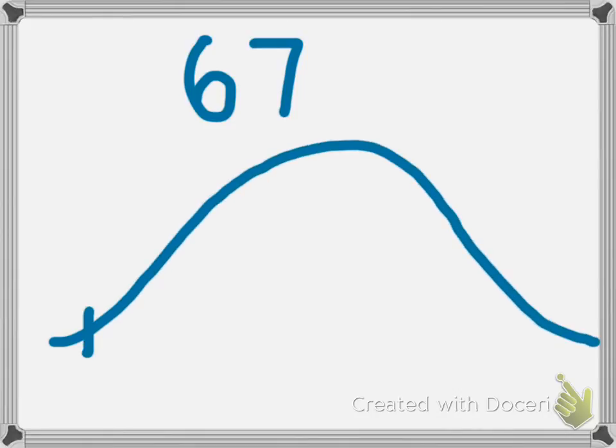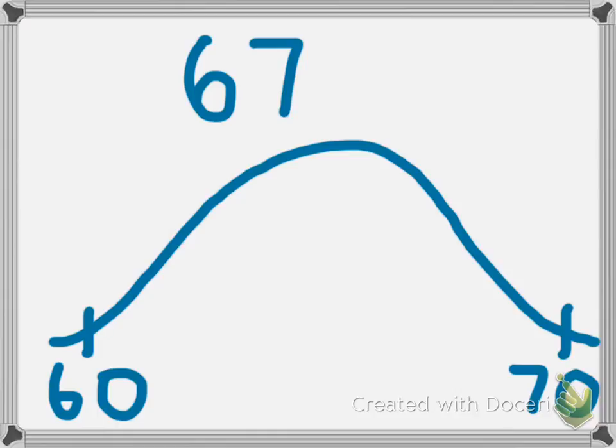My two 10s are going to be on either side, so I've got 60 and 70. And then the halfway mark is always at the very top, 65. Now let's plot my number 67. 65, 66, 67. Here I am.